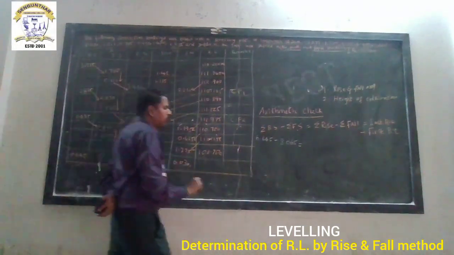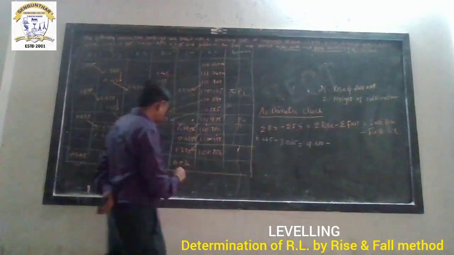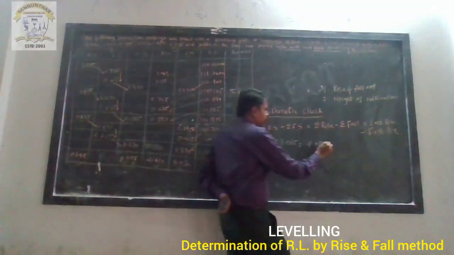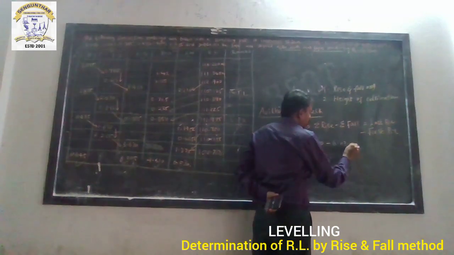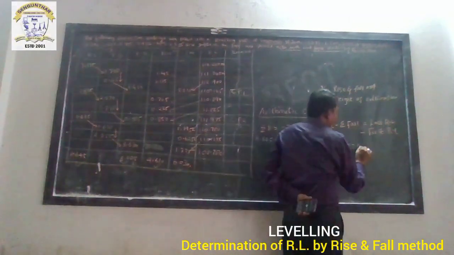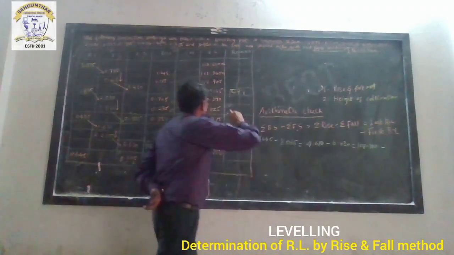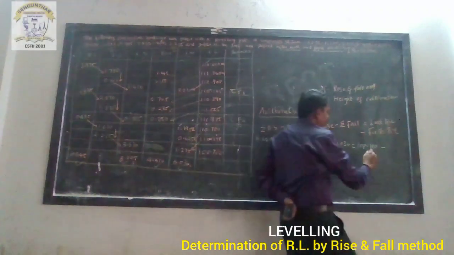The summation of rise is 4.610 minus summation of fall. The summation of fall is 6.030, which is equal to last RL, 108.780, minus first RL. The first RL is 110.200.